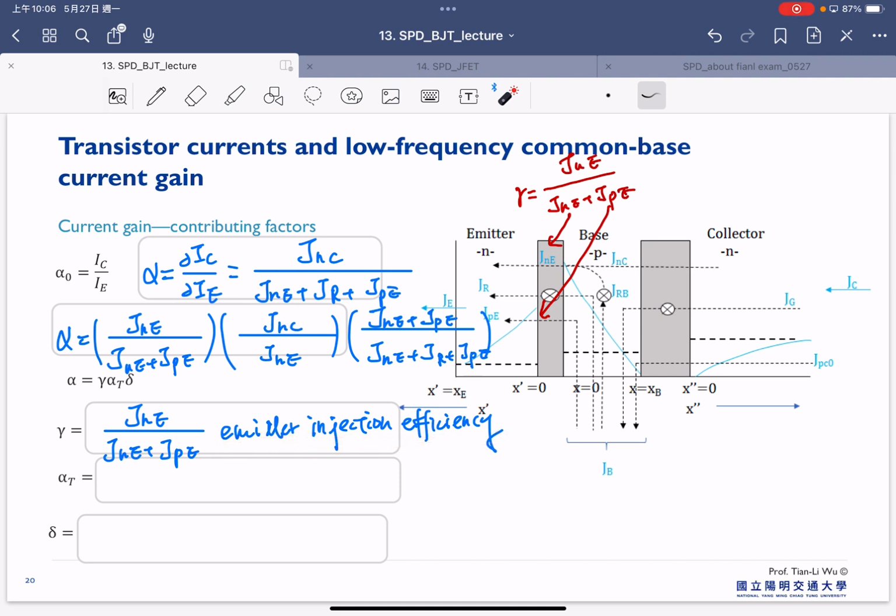And the next one is this one, alpha T, which is JNC over JNE, the ratio between this one and this one. Therefore we call this the base transport factor.